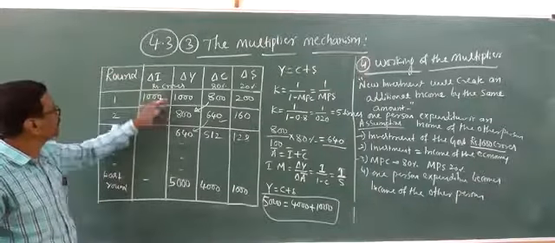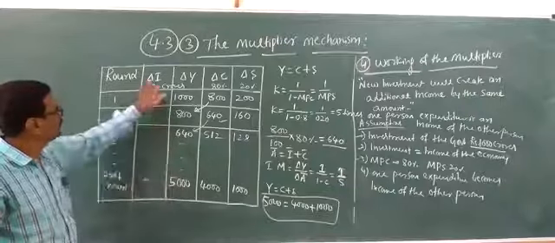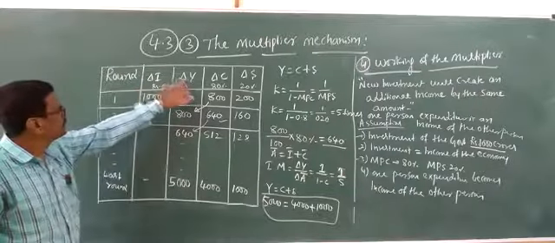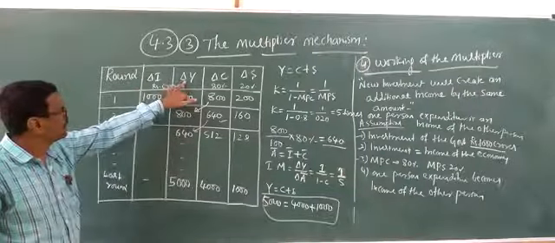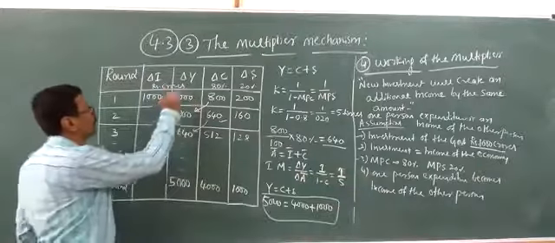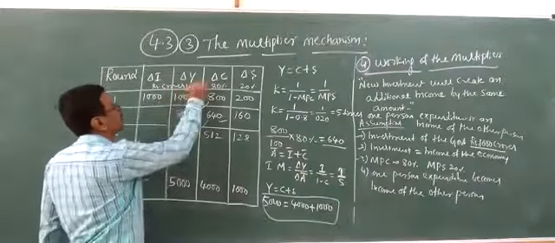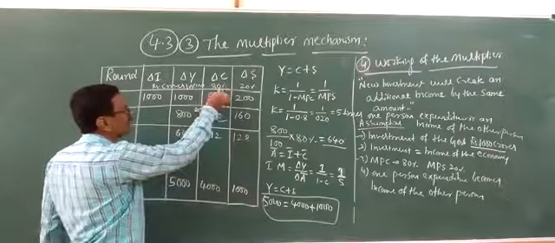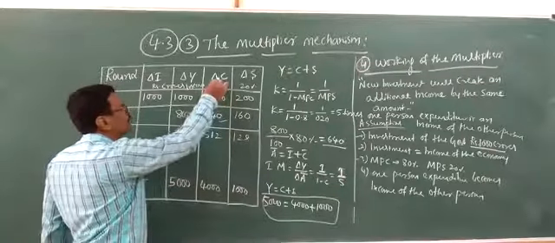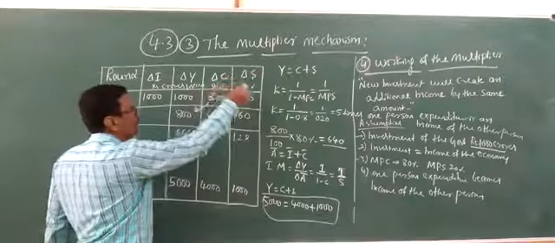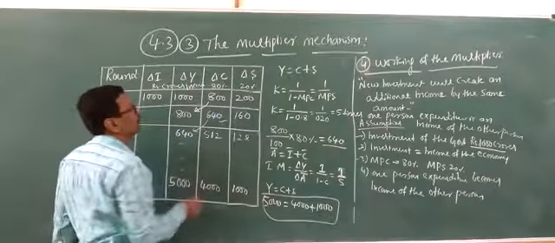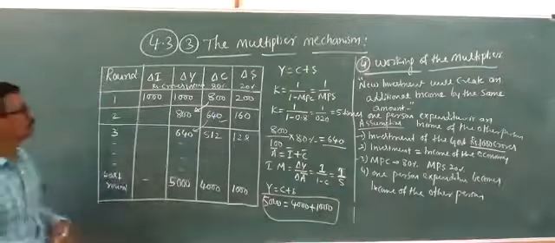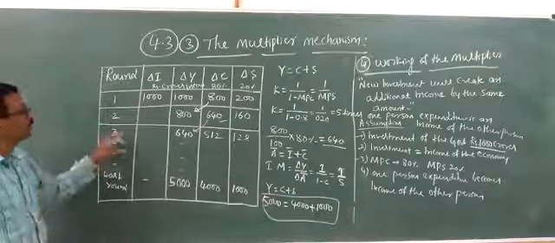Then delta I, changes in the investment, and delta Y, changes in the income. Delta C is the change in the consumption expenditure. I have considered 80% as consumption expenditure and the remaining 20% as savings. We have to calculate it in a simple numerical expression.